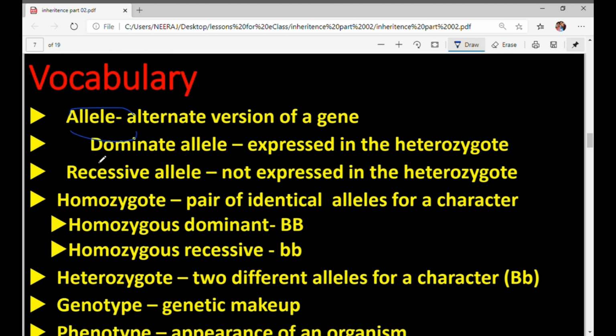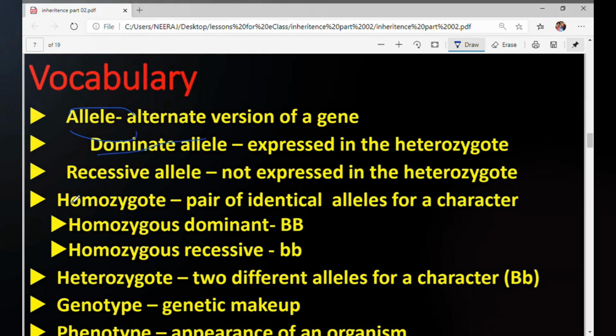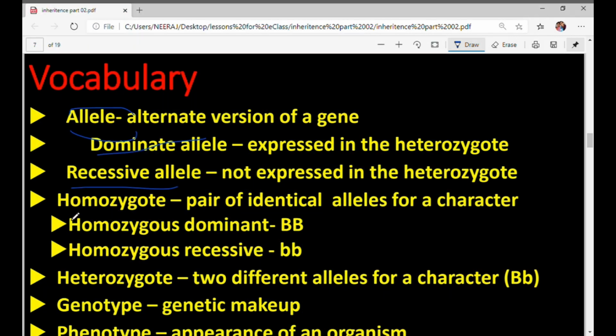Similarly, alleles are alternate versions of genes. The dominant alleles are expressed in heterozygous conditions, while the recessive alleles are not expressed and remain suppressed. Homozygote: a pair of identical alleles for the character.